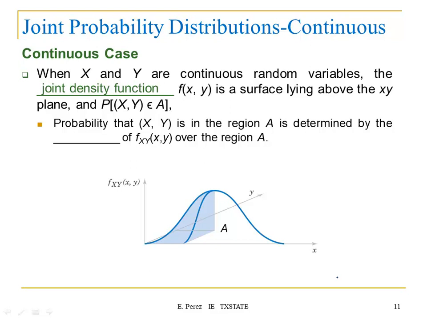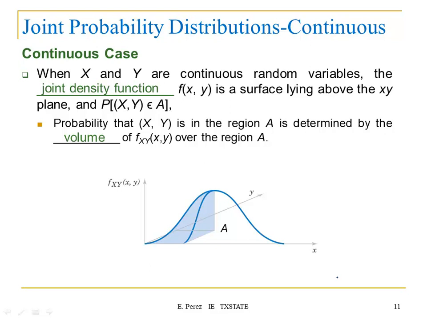We're going to be integrating for x and y, and the area we are looking at is the area under the curve. So the probability that X and Y is in the region A is determined by the volume under the function f of x and y over the region A. Region A is this square, or that square, and we're looking at the volume over that area.